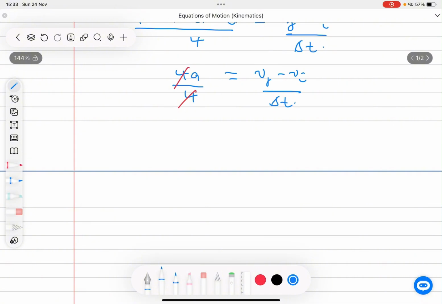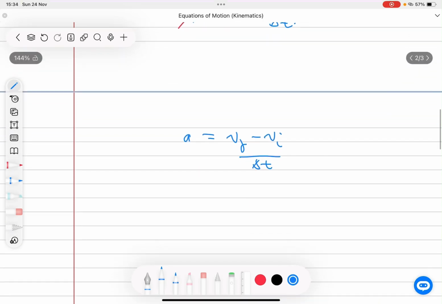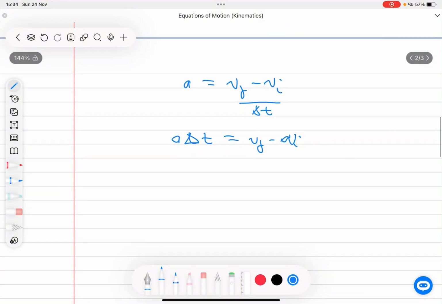Notice that the 4 and the 4 cancel each other, so that I'm left with a is equal to v final minus v initial over change in t. Now I'm going to cross multiply the change in t with the a, and I'm left with a times change in t is equal to v final minus v initial.